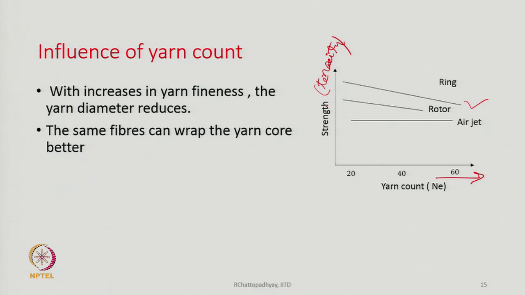Strength is not the correct word, tenacity is better, because strength of a finer yarn will always be less, but if we divide strength by count, we get a tenacity value. So, with tenacity the comparison is always better.